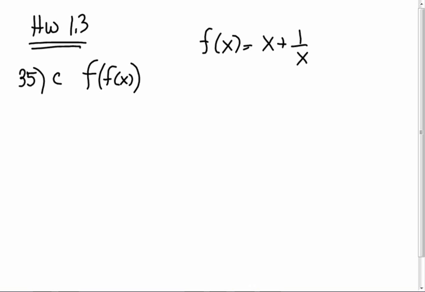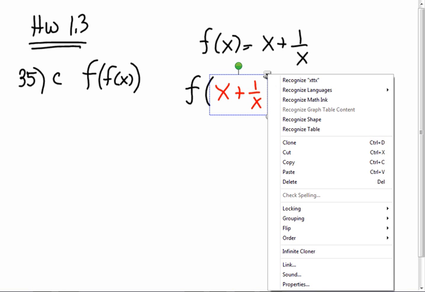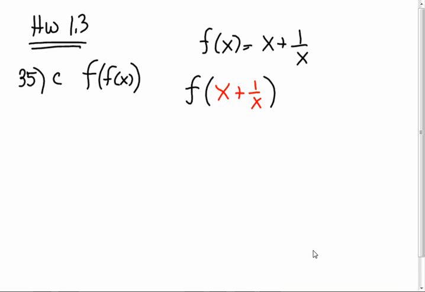So I want f of x. Okay, you ready? So I want f of x. Okay, you guys put the paper away, and Eric, I ask you to move, please. Since you lost the spot, but you can move back there. Okay, I'm going to clone that. Where's my infinite cloner? Down here someplace. This is 35. I don't match the back of the book. I'm close, but you're going to put that right in there for this x, and you're going to put that right in there for that x.